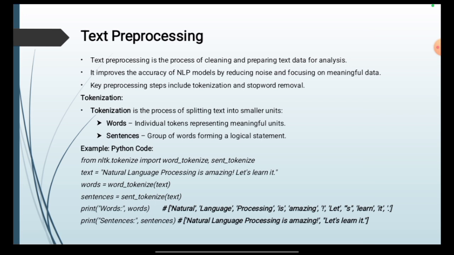Tokenization. Tokenization is the process of splitting text into smaller units. Words: individual tokens representing meaningful units. Sentences: group of words forming a logical statement. Example, Python code. From nltk.tokenize import word_tokenize, sent_tokenize. text = "Natural language processing is amazing!